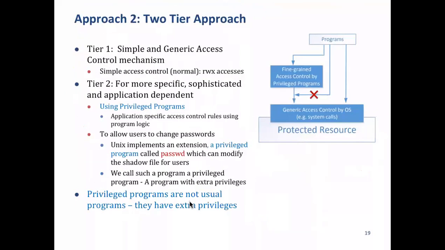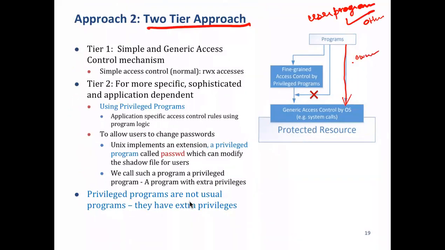The method that is used now is called the two-tier approach. Here is an ordinary user program, say with another user's privileges. It can do ordinary reads and writes, and on objects it owns it can do whatever it wants.